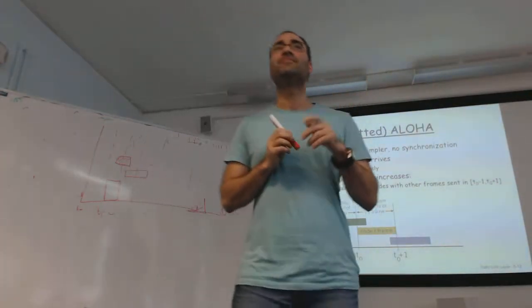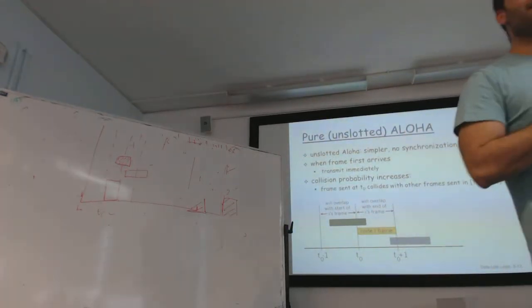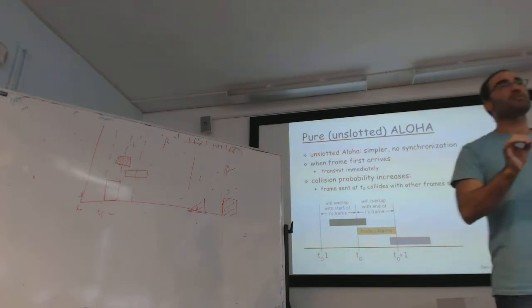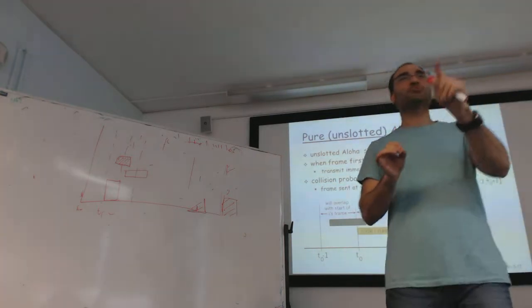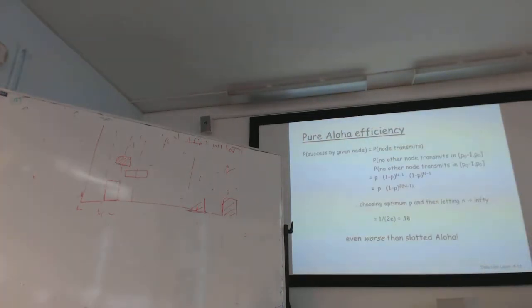The question is, is it better or worse? Why? You disturb both. So even if you manage to send one, you'll be disturbed by anyone sending from the end of that time slot or the beginning of it. So the chance of this going through will be even worse than the actual one. The chance of it in reality is 18% only.